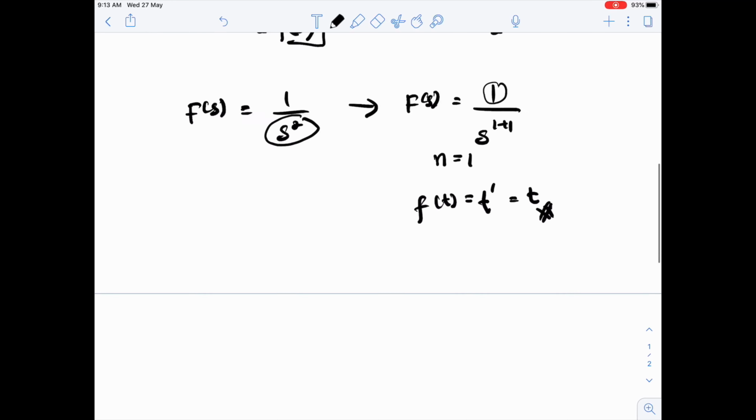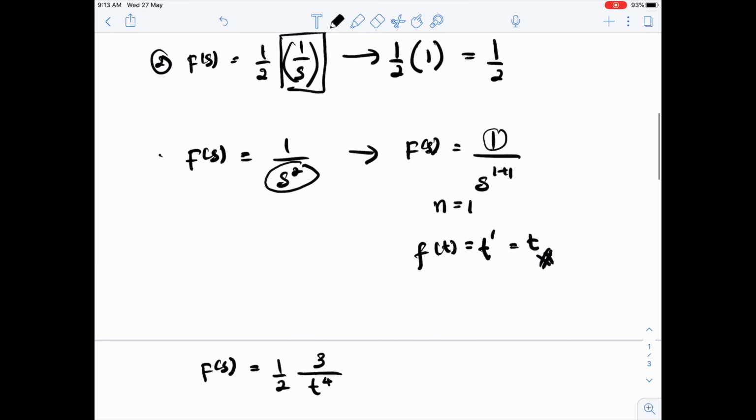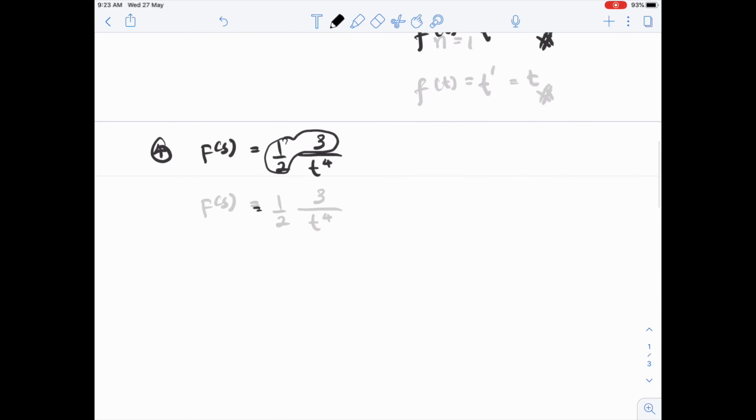Let's go to another example. Say you have a little more complicated function, 3 over 2 times 1 over s to the power of 4. What you need to do here is modify it.